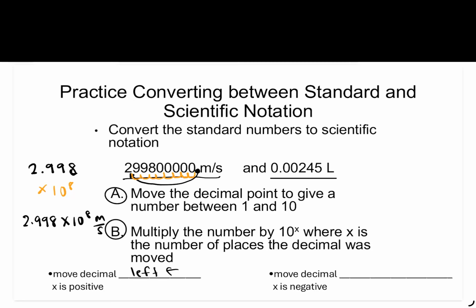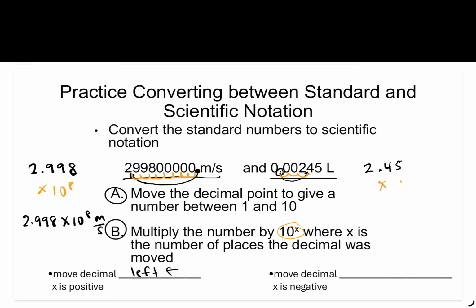Now let's look at the number on the right. Looking at A, it says move the decimal place. We have a decimal place here, and I have to move it, and I get the number 2.45. Now 2.45 is definitely not the same as 0.00245. So the next step is B, and I'm looking for 10 to the x. I see how many places I move it: 1, 2, 3.